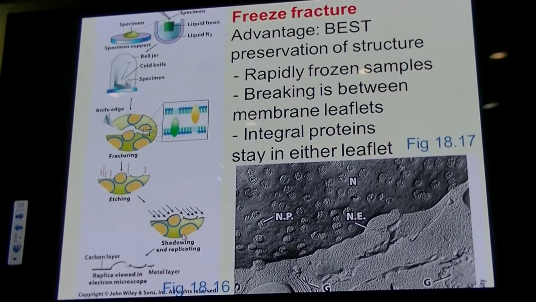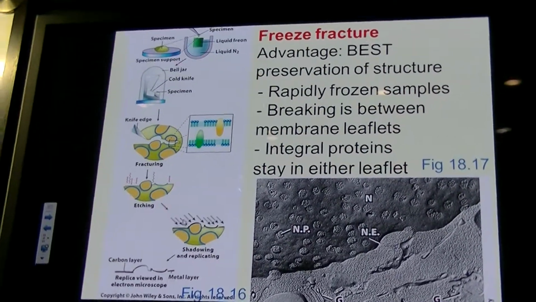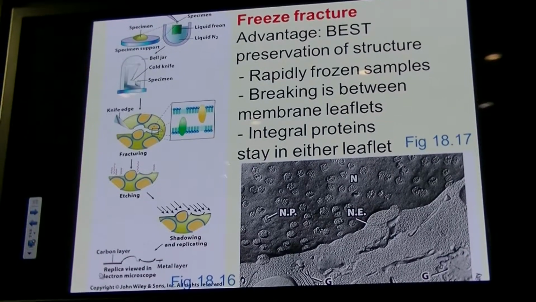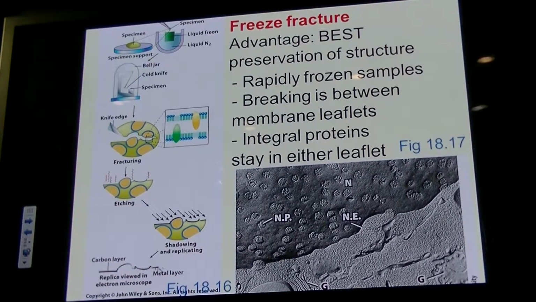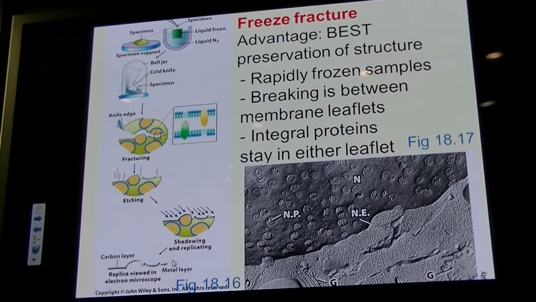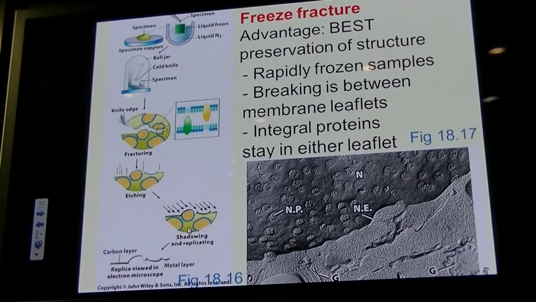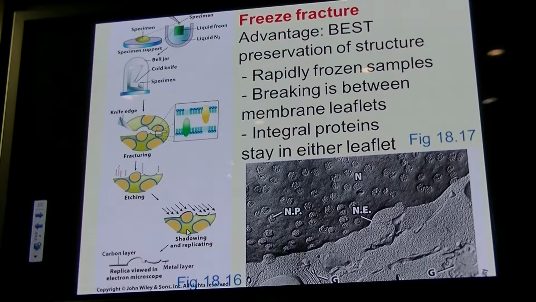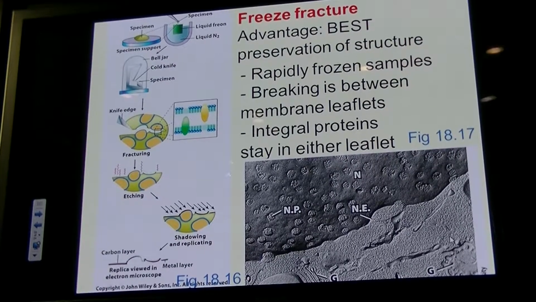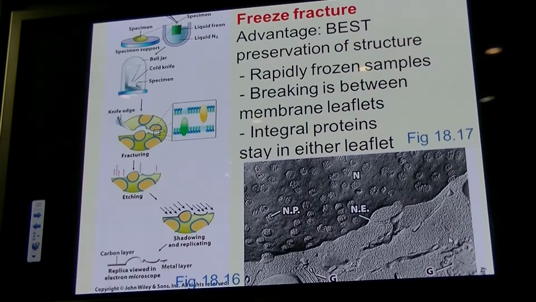And then you shadow. You deposit platinum under an angle, and you make a carbon glue go over the top. You remove the organic material with a weak acid, and the replica goes into the EM, and this is what you see. The image is extremely crisp.